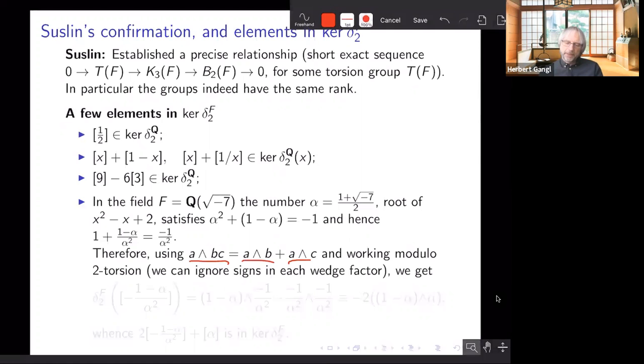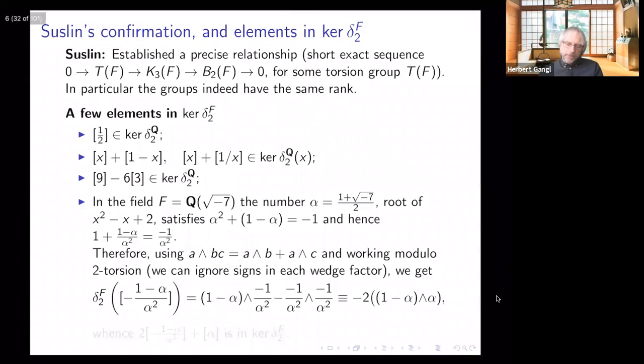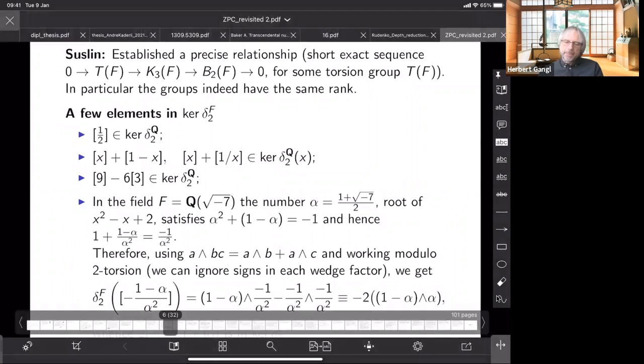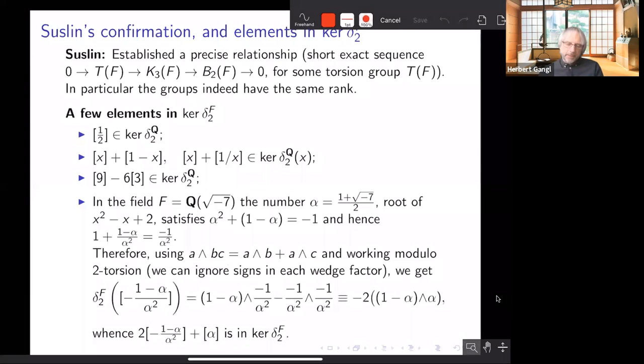Then we get the following. Claim: taking minus 1 minus alpha over alpha squared, it goes to x itself, so it's minus 1 minus alpha over alpha squared, which is this multiplied by that.